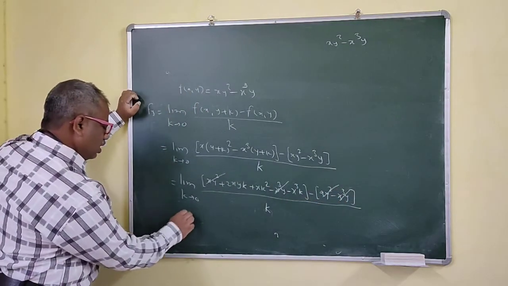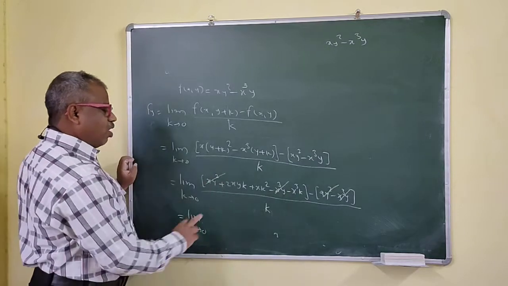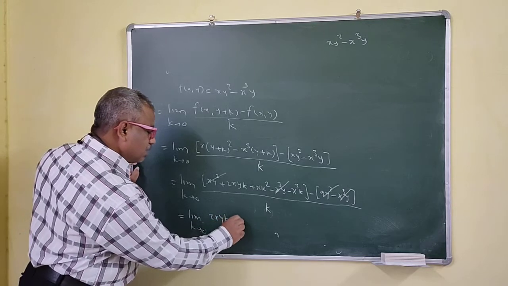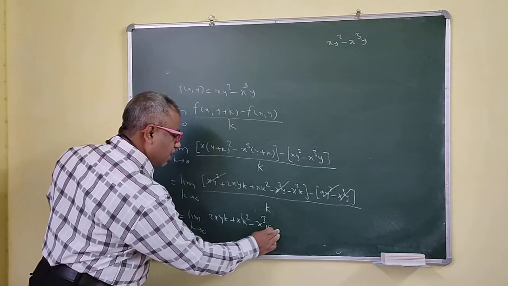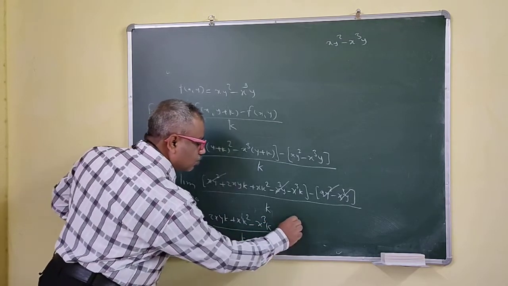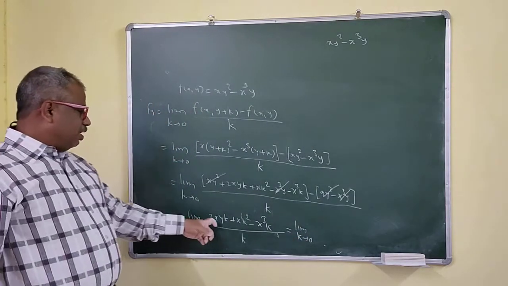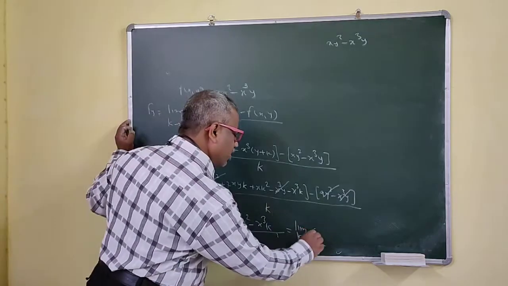Okay, so this is limit k tends to 0. We'll write all the terms: twice xyk plus xk square minus x cube k upon k. Now see here, each term contains k, so we divide each term by k. So what we get?